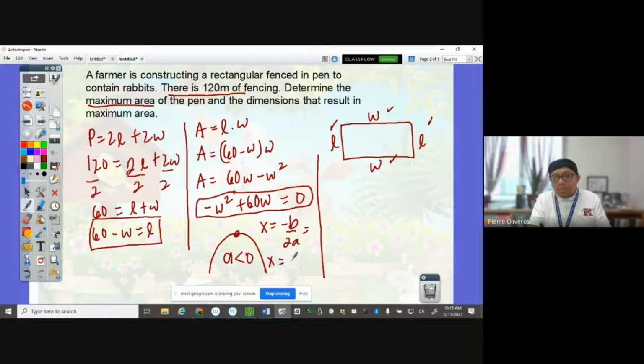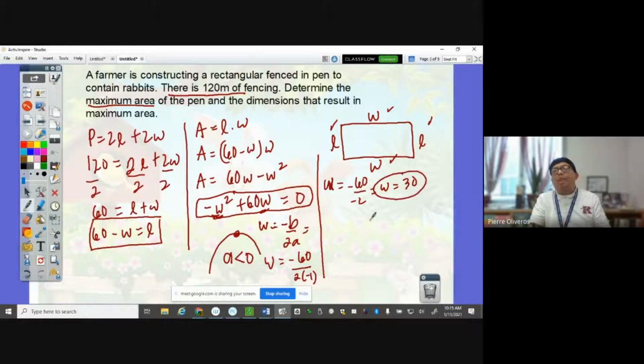That gives us negative 60 over 2 times negative 1. Therefore, the w, because we're looking for w, will be negative 60 over negative 2, or w is equal to 30.